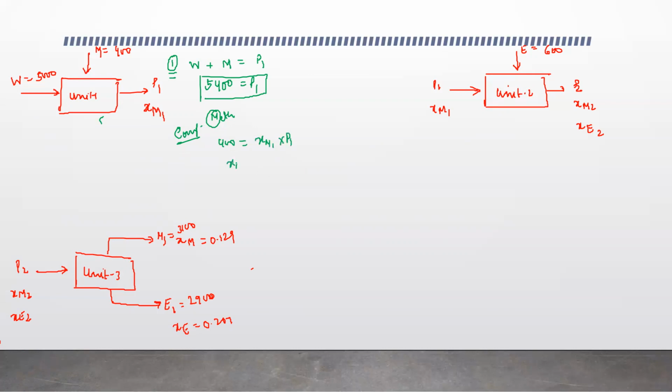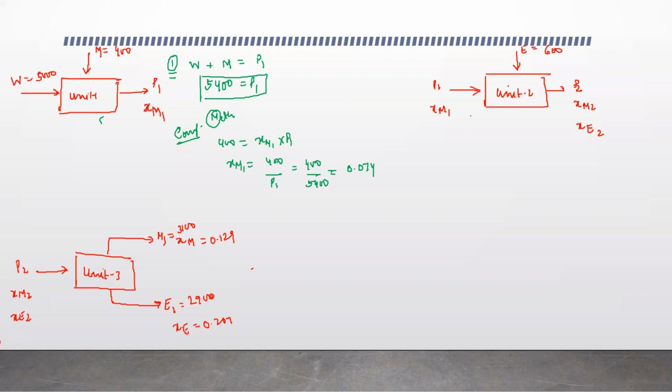So xm1 is going to be 400 upon 5400, which gives us 0.074. That is my xm1. So from the first block diagram, I have got xm1.